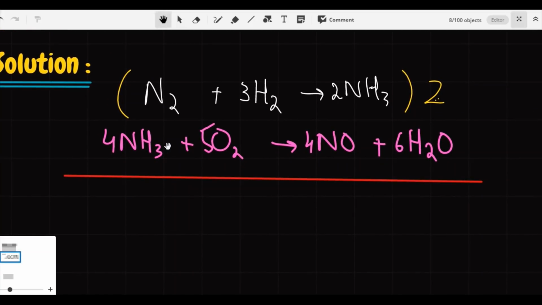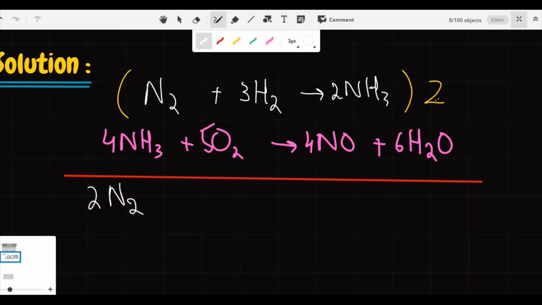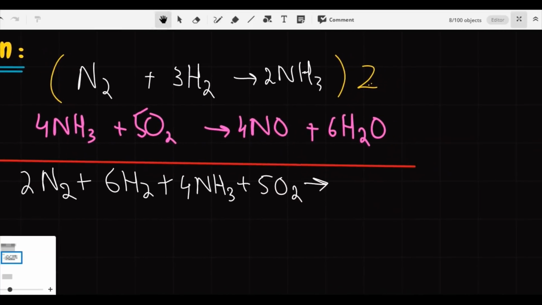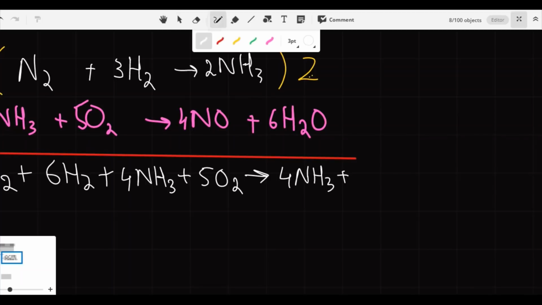Okay, so there will be now 2 times nitrogen, that will be 2 N2 plus 2 times 3 moles of hydrogen, that will equal 6 H2, giving 4 NH3. Then 4 NH3 plus 5 oxygen will give 4 NH3 plus 4 NO plus 6 moles of water molecules.